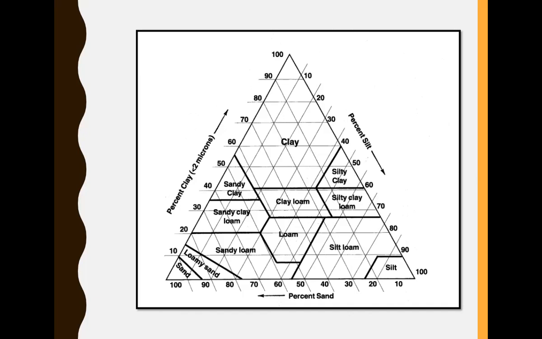We've got 30, 50, and 20, okay? So we're looking at where on the triangle. Where are these colors all at?